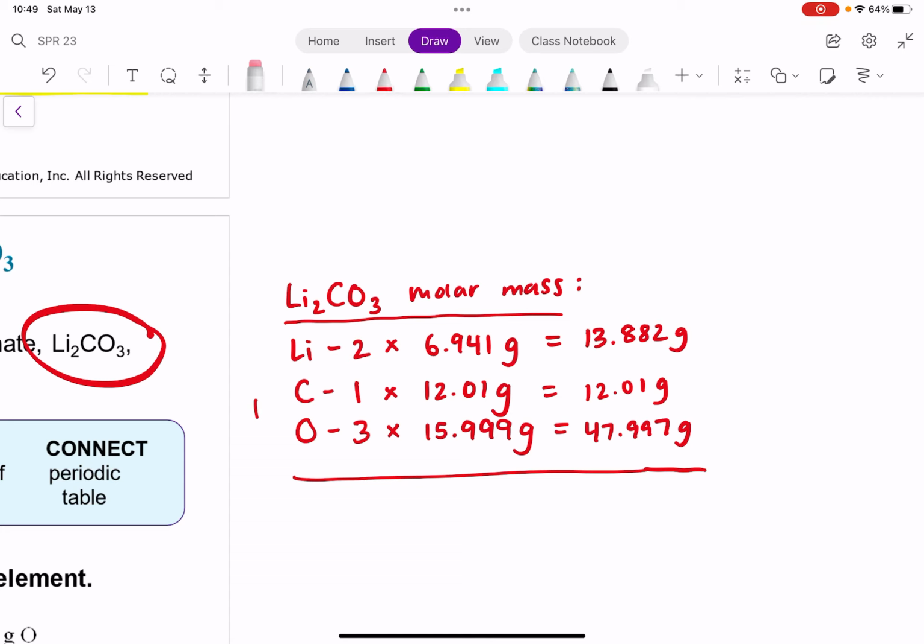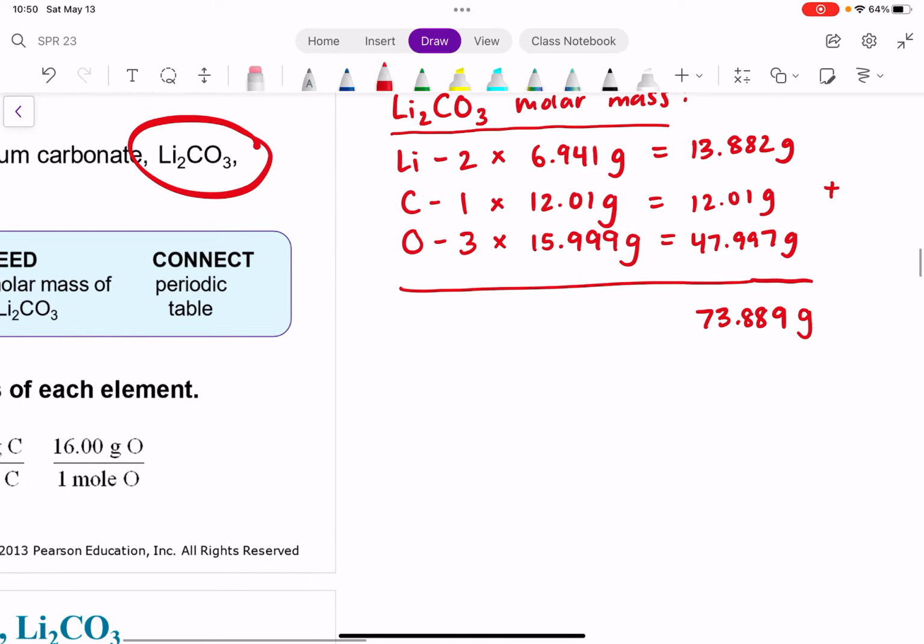All right, so let's add all those together. I'm just going to put my adding sign over here on this side. So we've got 13.882 plus 12.01 plus 47.997, and that equals altogether 73.889 grams.